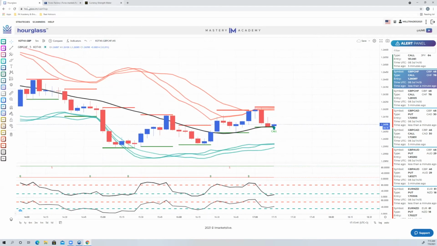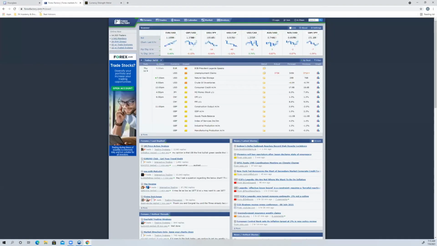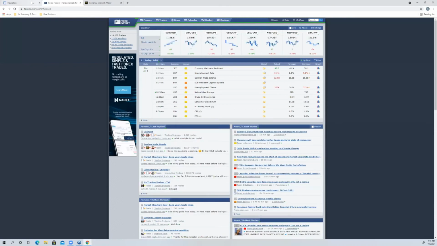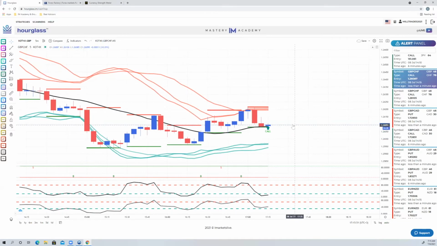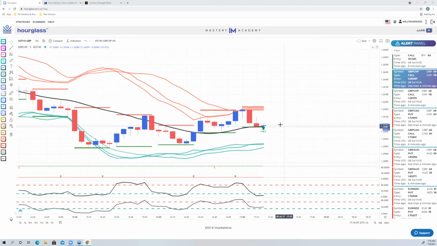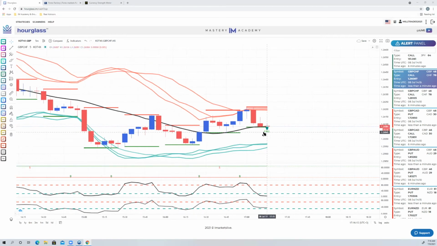Let me make sure. I'm looking at GBP CHF. Looks like 0.82 would be good, but I'm a little hesitant because it isn't a downtrend.